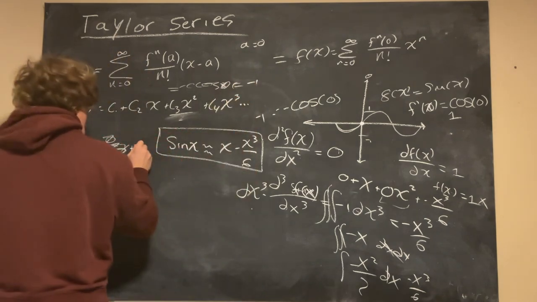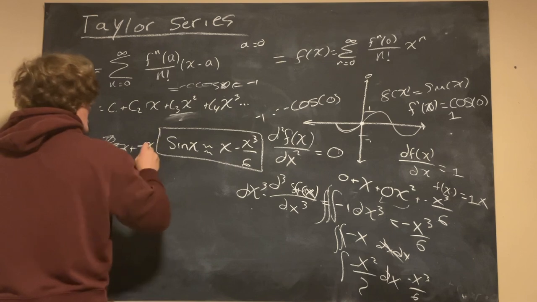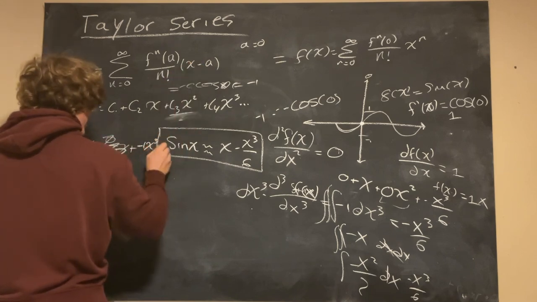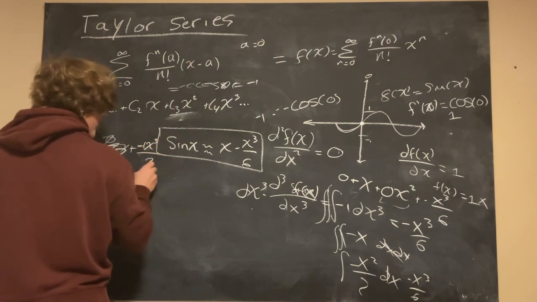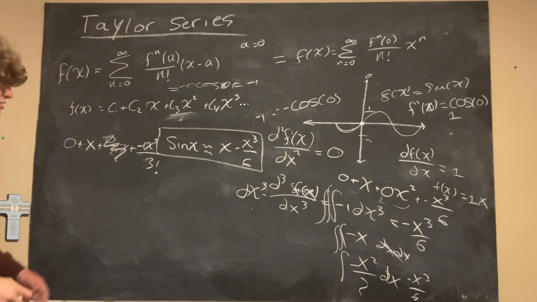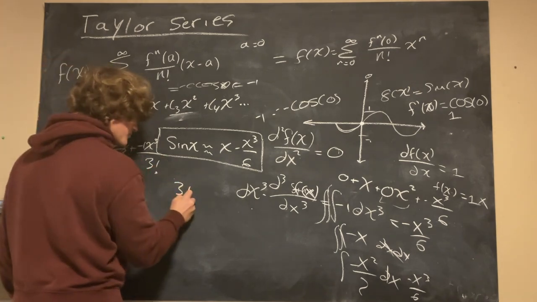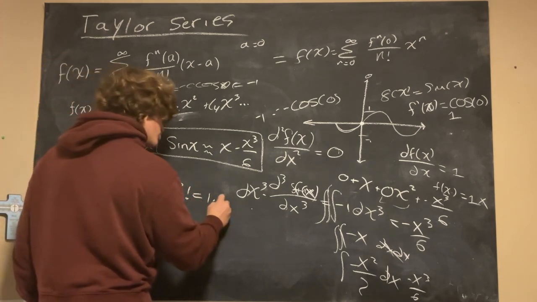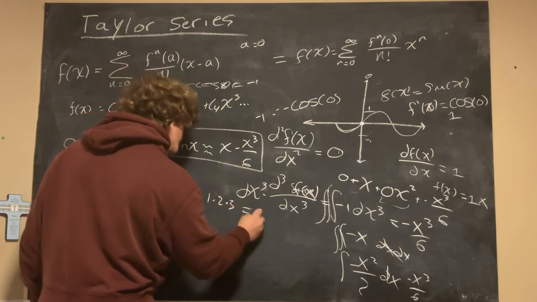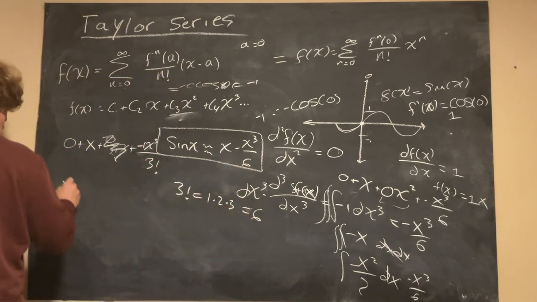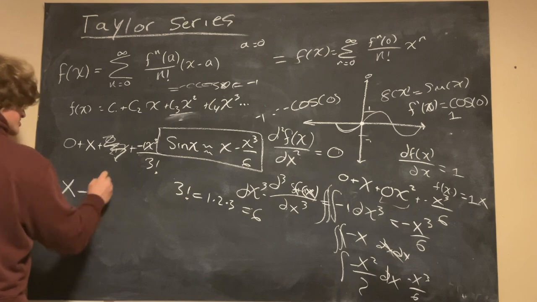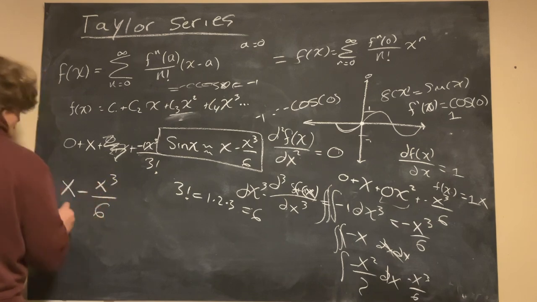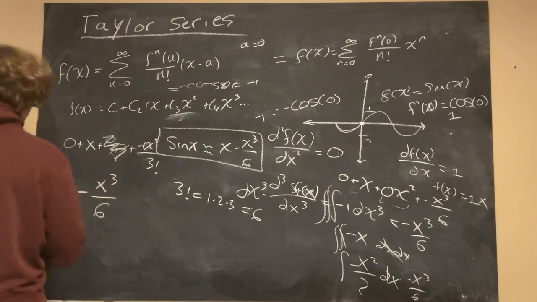So plus, this would be negative 1 times x to the third, since we're on our third term, divided by 3 factorial, and 3 factorial is equal to 1 times 2 times 3, which is equal to 6. So through our series, we get x minus x cubed divided by 6 as our approximate value of sine of x.